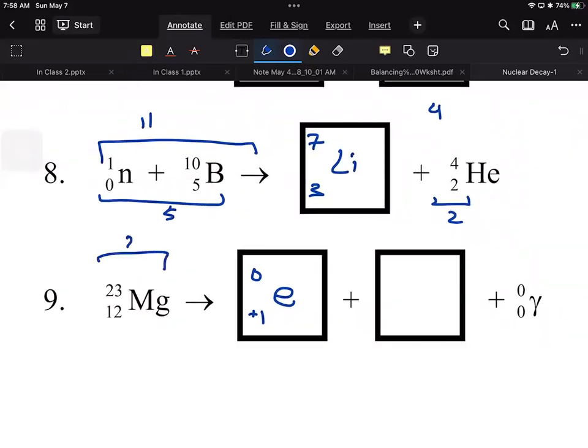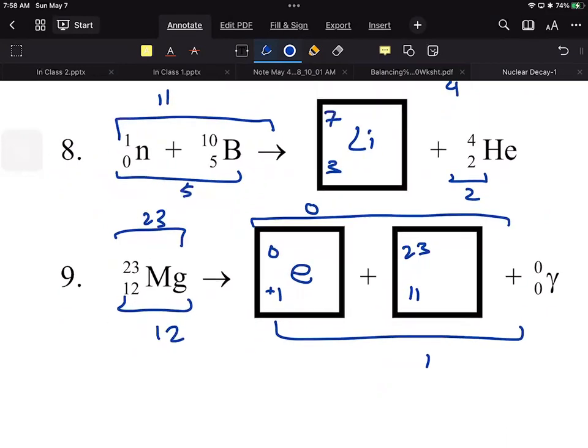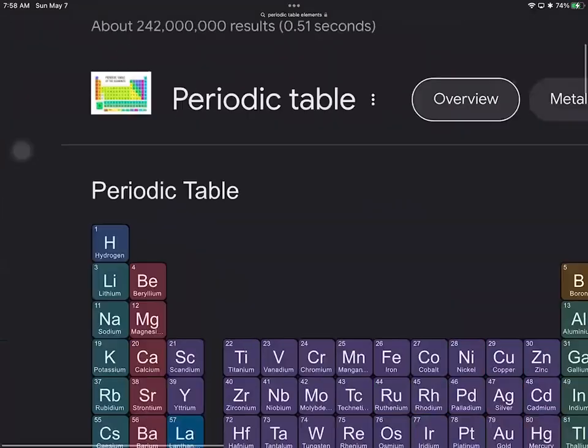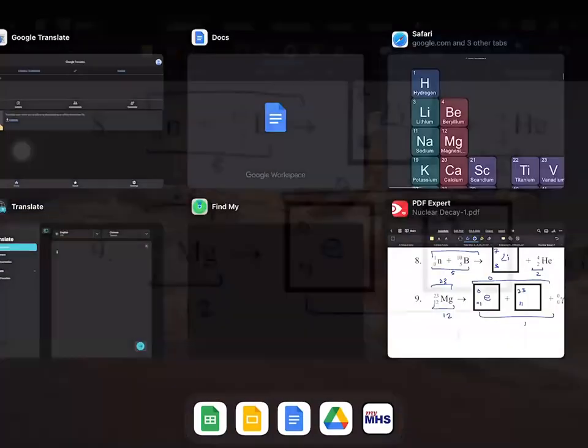This side is 23. This side is 0 still, because 0 plus 0 is 0. So the top number will be 23. The bottom number will be 12. This one will just be 1. So what plus 1 equals 12? 11. The atomic number of 11 is Na, sodium.